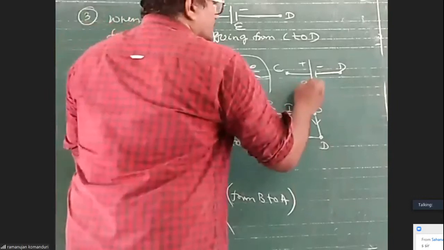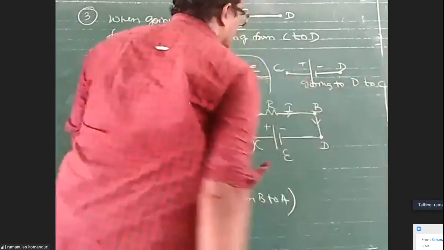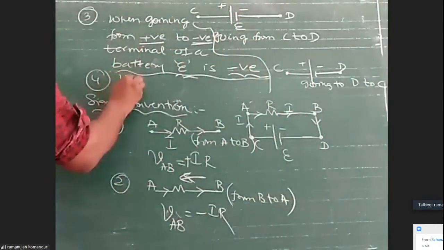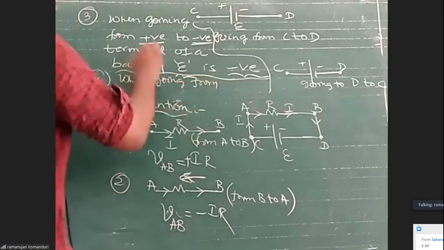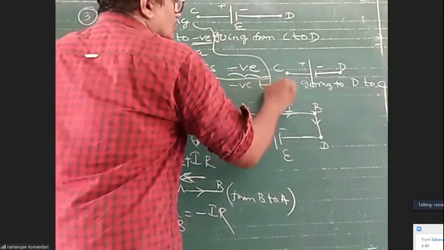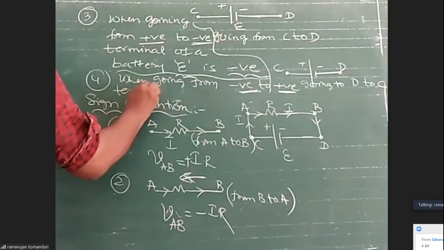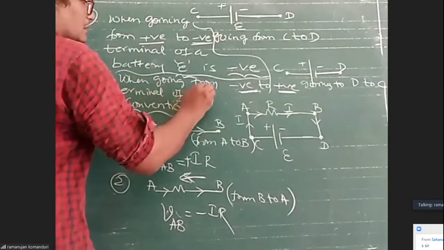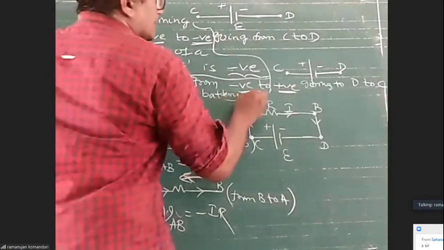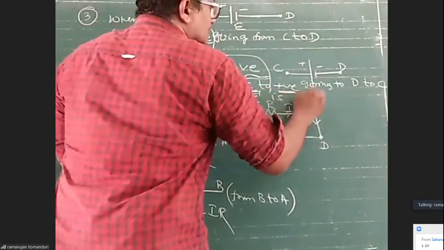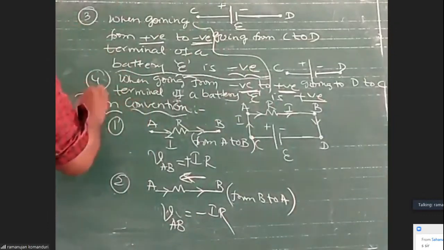So from D to C, here also I am writing the same. When going from negative to positive terminal of a battery or a cell, epsilon is positive.